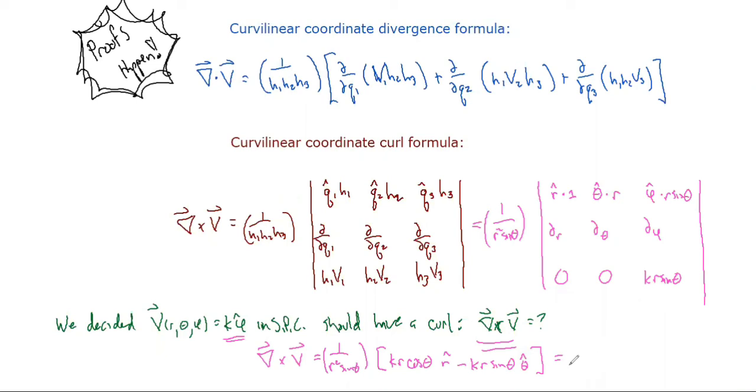And then we can clean that up, and we can get k over r cotangent theta r hat minus theta hat. Okay, and then up until 5 minutes ago, if you were talking to somebody who said, I took the derivative of a constant function and I got a cotangent, you would say, I've never met somebody worse at calculus than you, but this is correct.